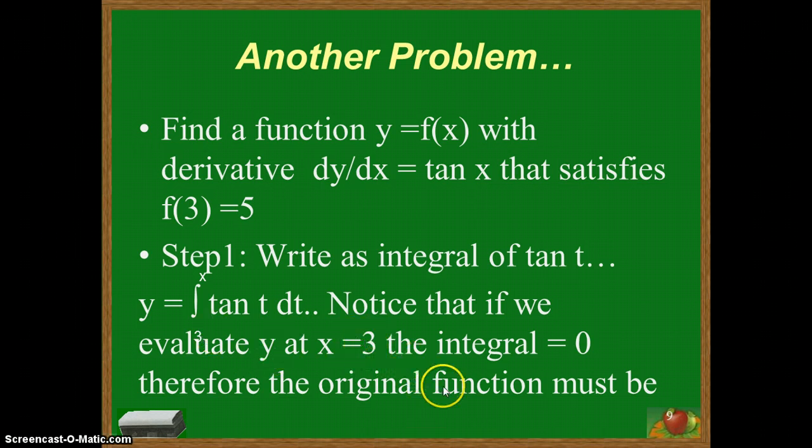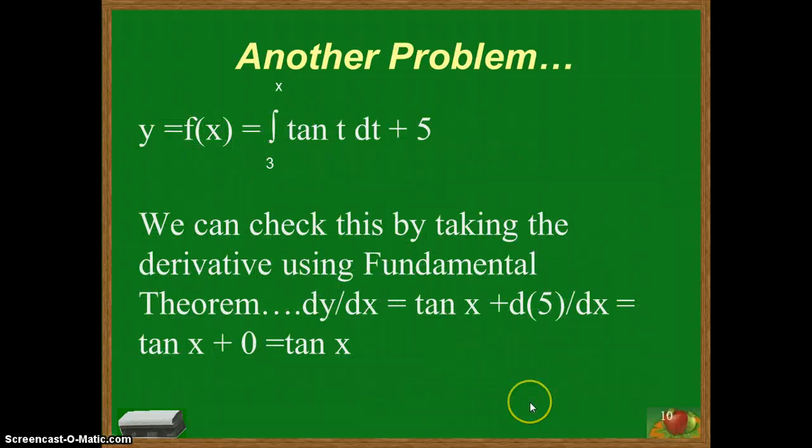So therefore, the original function must be y equals f of x, which equals the integral from 3 to x of tan t dt plus 5. Why is that?